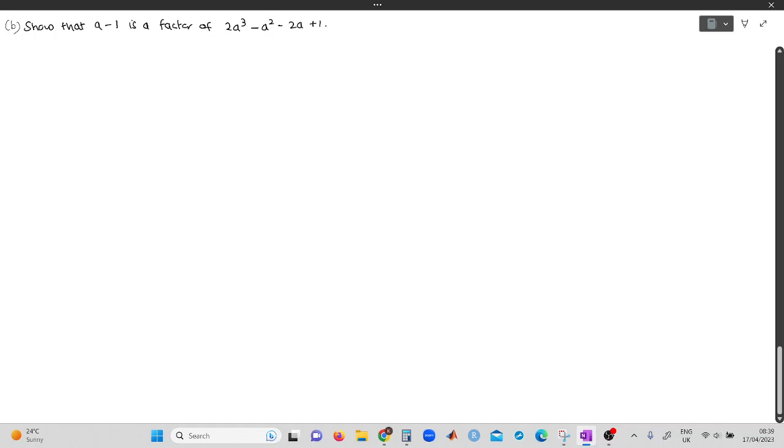And this is the first part. Hence, factorize 2a cubed minus a squared minus 2a plus 1 completely, and solve for the values of a.